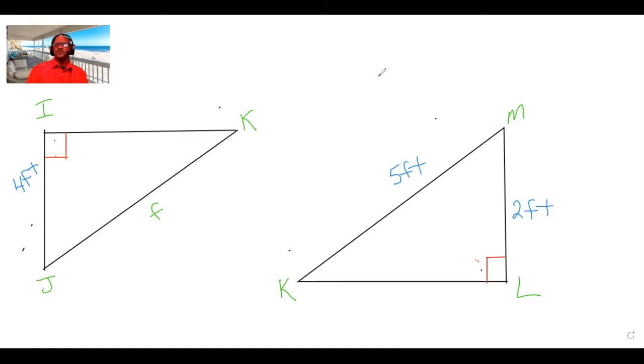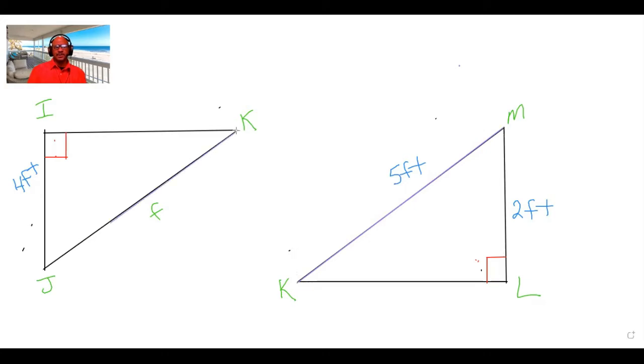And if we're going to color code these, how about we start off with the MK right here? Right here is MK. What does that correspond to on the other side here? As you can see, it is going to be JK.